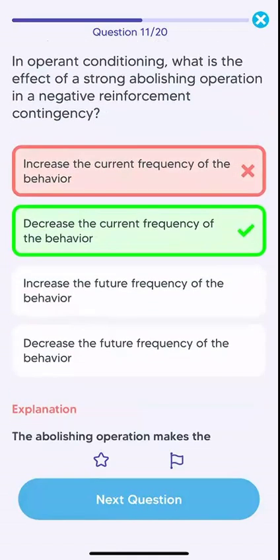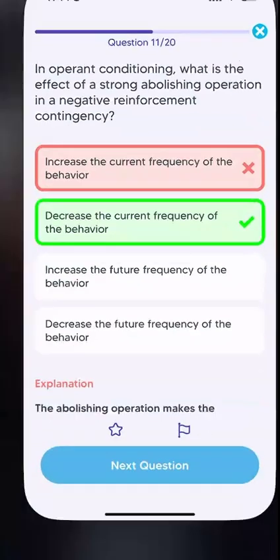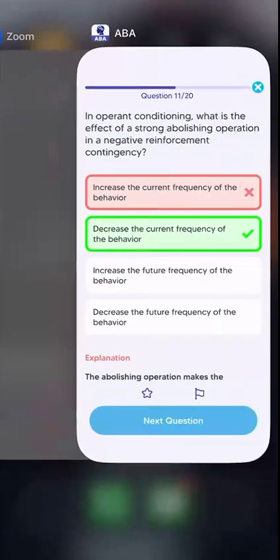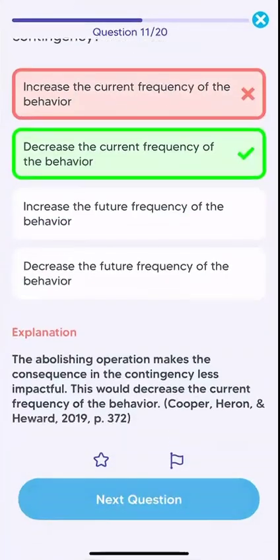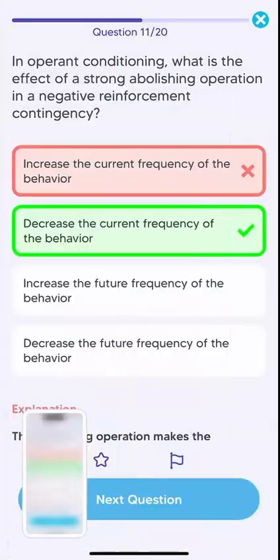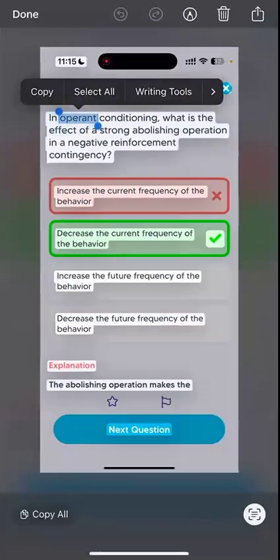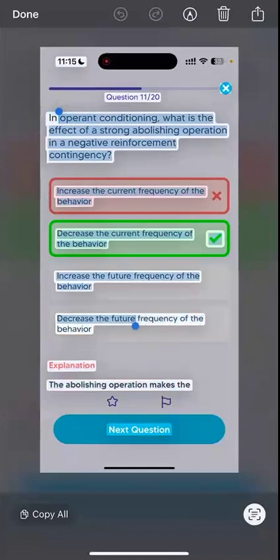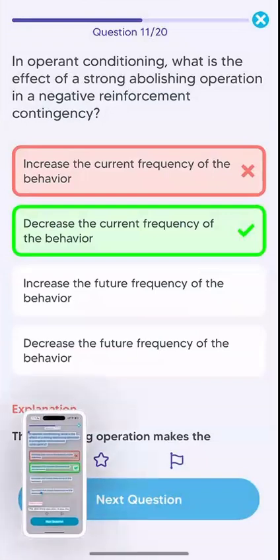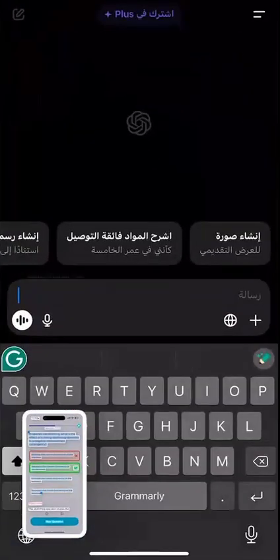I think this is the wrong answer. Question is a very tough question. Okay, wait a second. I need to ask ChatGPT about that. He's my friend. Explains everything.